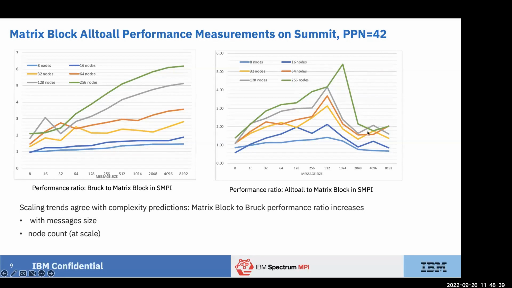It's still quite big, even at 8K, but the difference between, say, pairwise exchange and the matrix block aggregation algorithm is that it consumes more memory, and if you increase the maximal message size, then that requirement puts a limit on how much memory you want to dedicate to this collective.